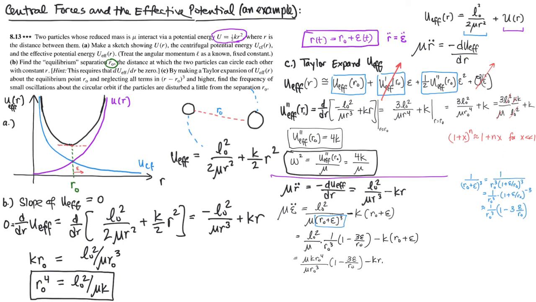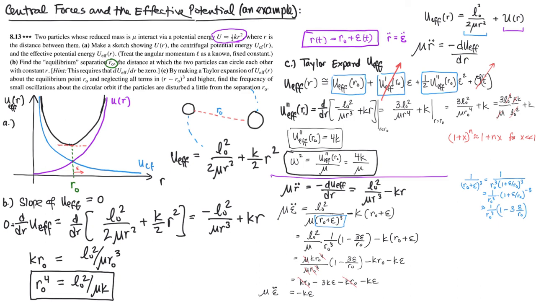And from here on out, it's just simple algebra. We can see that we're going to get some cancellations. The mu's are gone. 3 factors of r naught are gone. So we'll have k r naught minus 3k epsilon minus k r naught minus 1k epsilon. So the k r naught terms are gone. And we find mu epsilon double dot is equal to minus 4k epsilon.